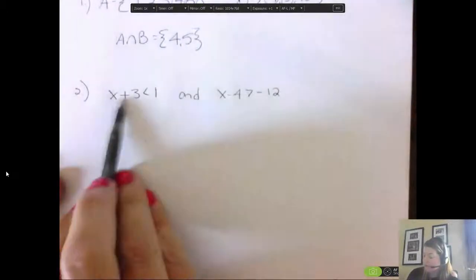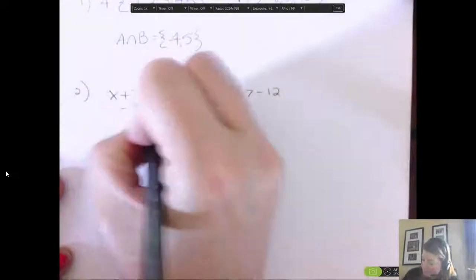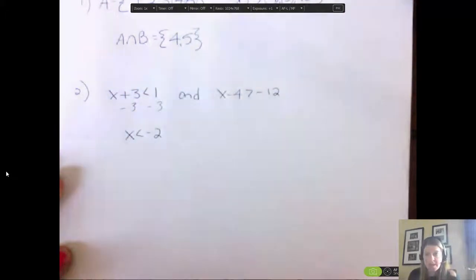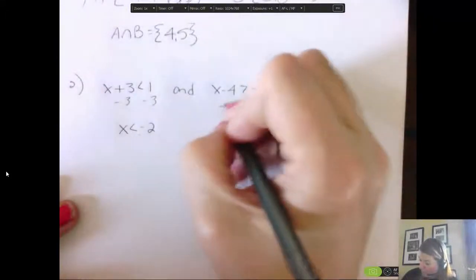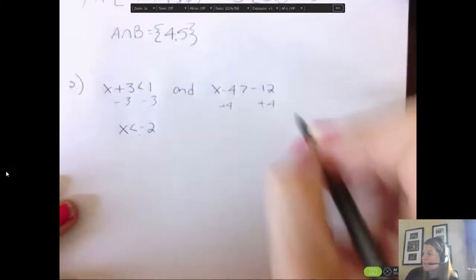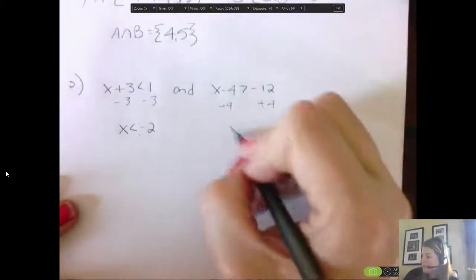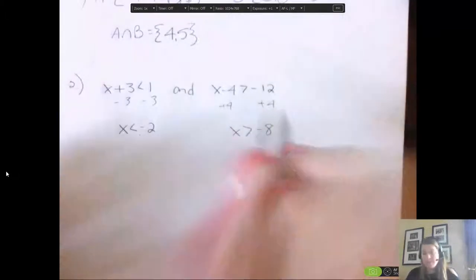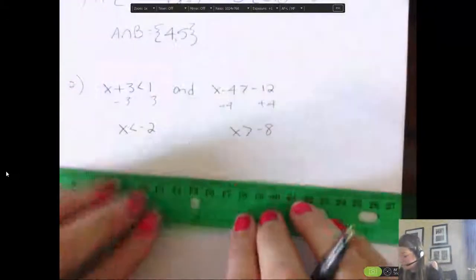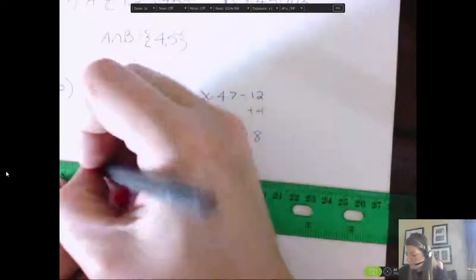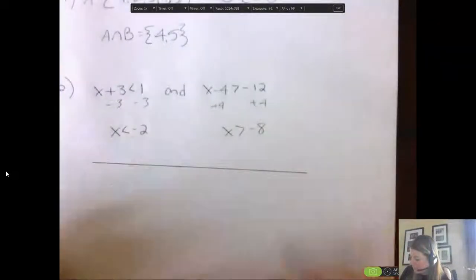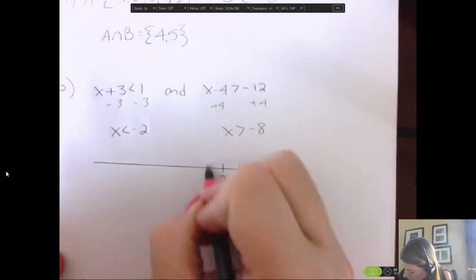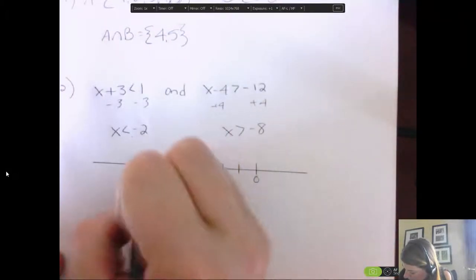For this one we'll subtract the 3 over, and I'm going to have x is less than negative 2. On this one you have to add the 4 over, and that's going to give me x is greater than negative 8. Let's look at what that looks like on a number line. If this is 0, 1, 2, that's negative 2, 3, 4, 5, 6, 7, 8.